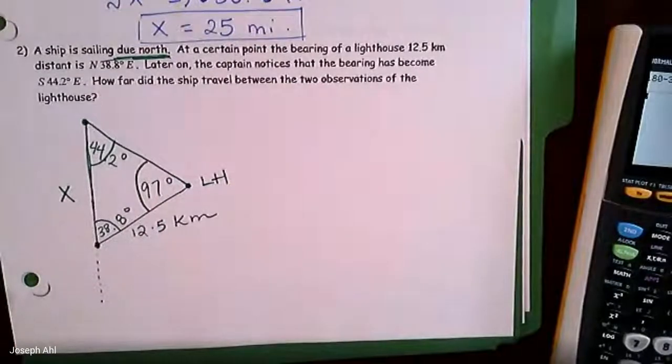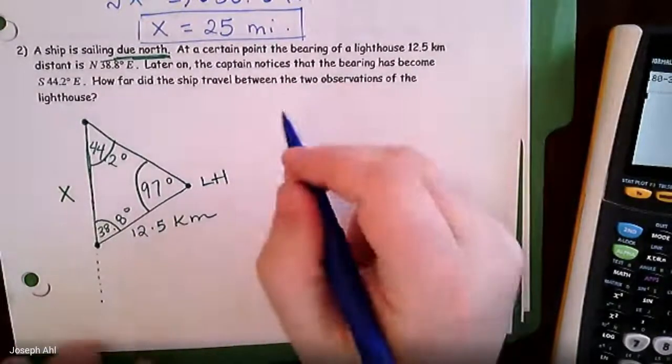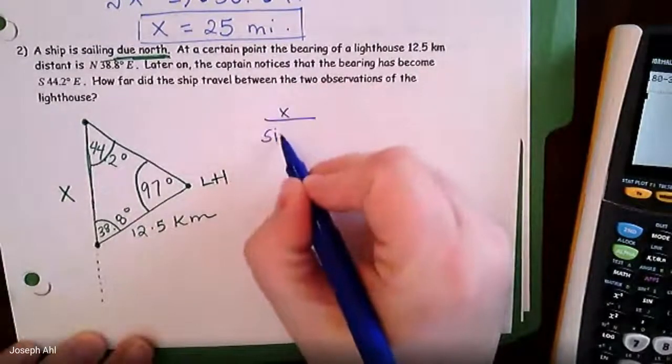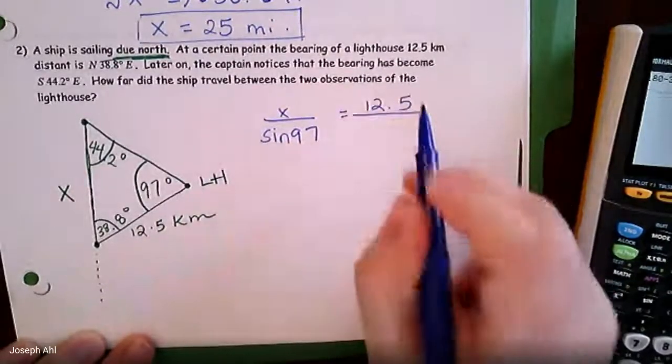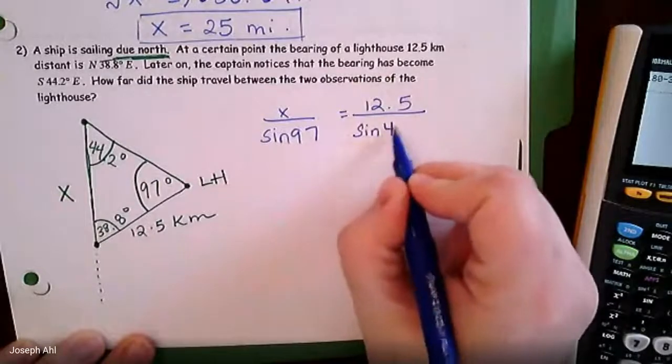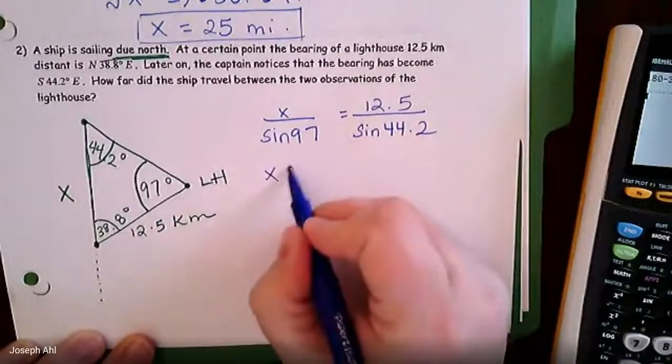Now it's just going to be a quick law of sines. So we're going to have x over sine 97 equals 12.5 over the sine of 44.2. Cross multiply.